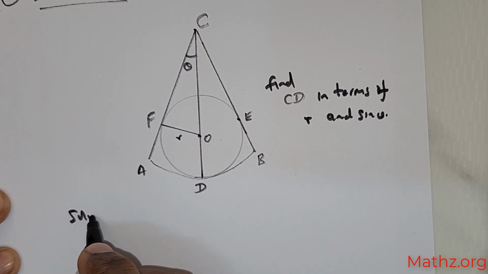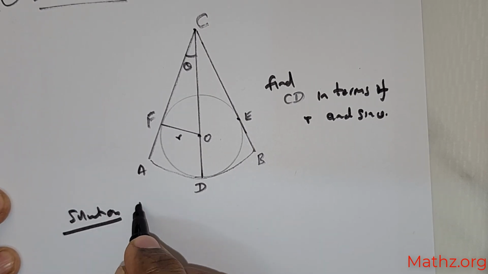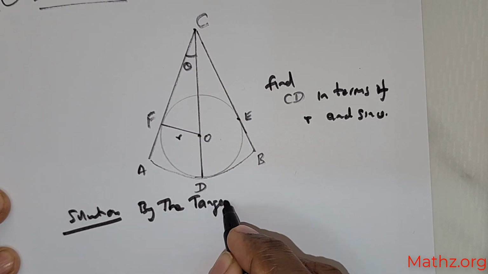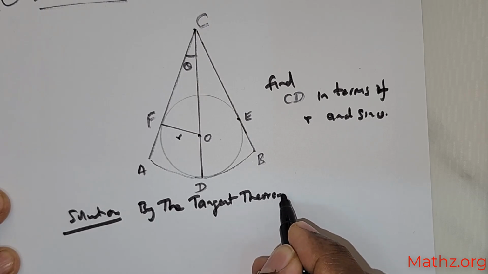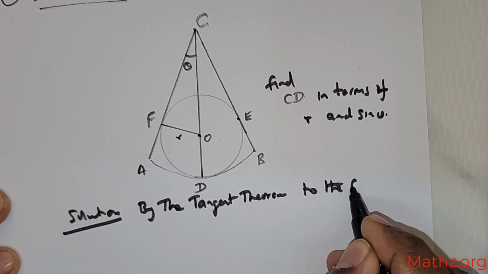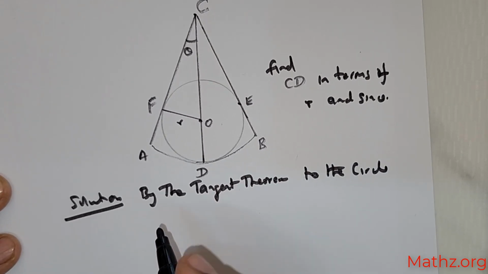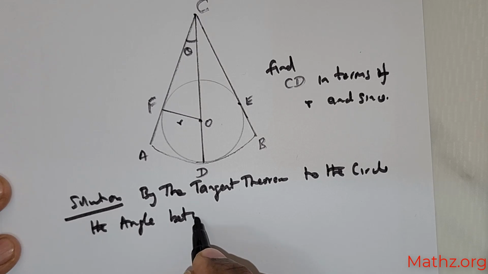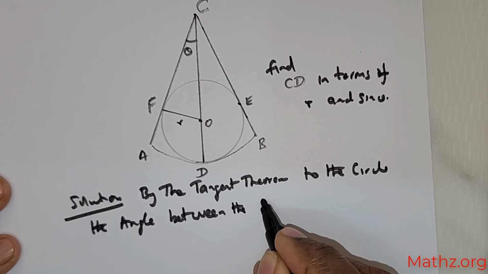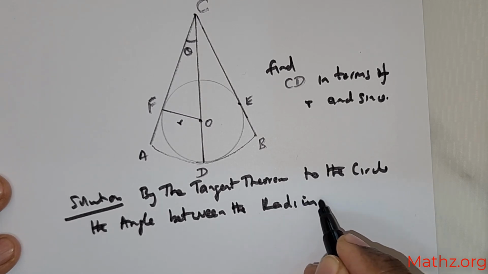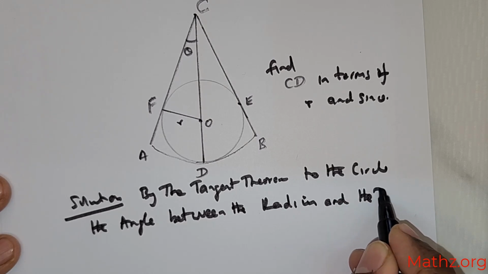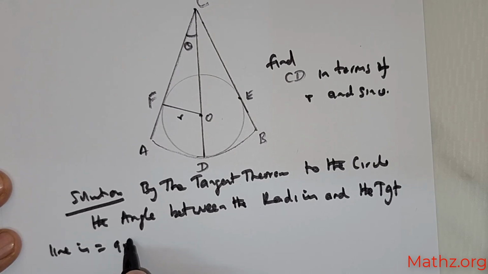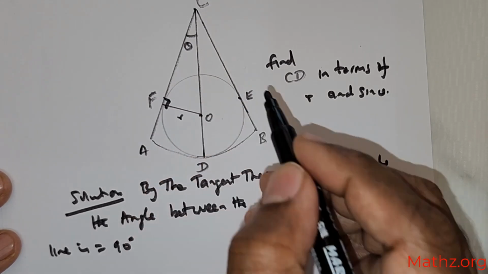Okay, first foremost, by the tangent theorem, to the circle, the angle between the radius and the tangent line is 90 degrees. So this angle is 90 degrees.